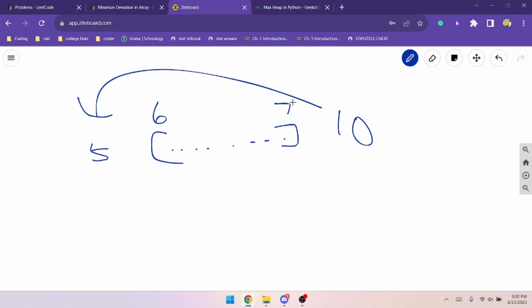I would be losing 3 deviations here, but gaining 1 deviation on this side, which could be beneficial in some cases. But if these numbers were flipped, if this was an 8 here and this was a 9 here, then doing this would not be beneficial.